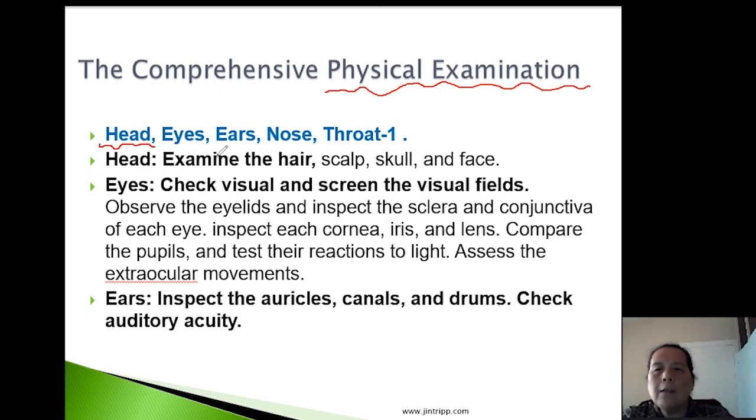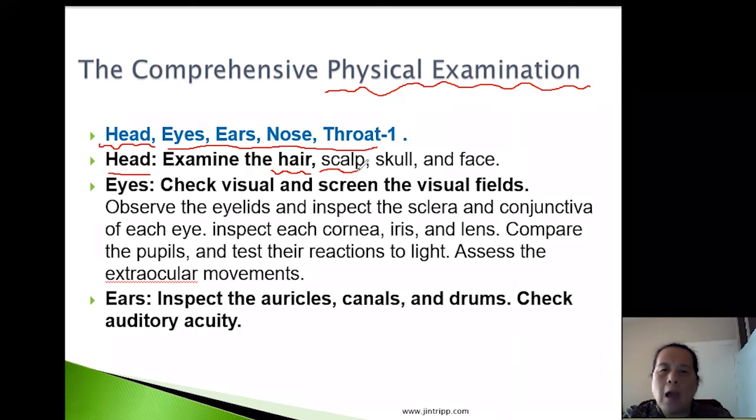So we're checking the eyes, the ears, the nose, and the throat. For the head, we're mainly looking at the hair, the scalp, and the face.